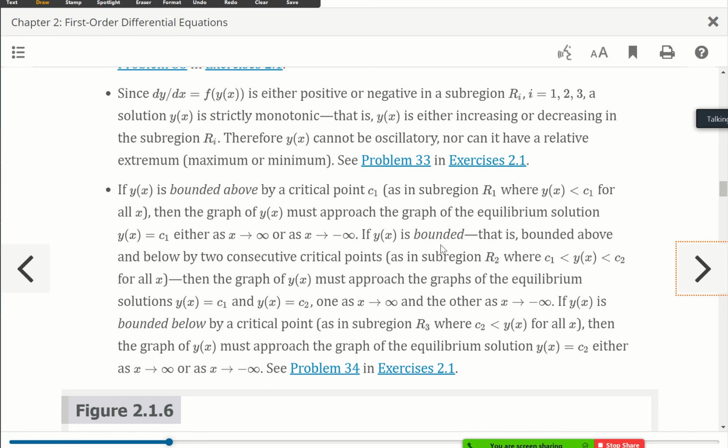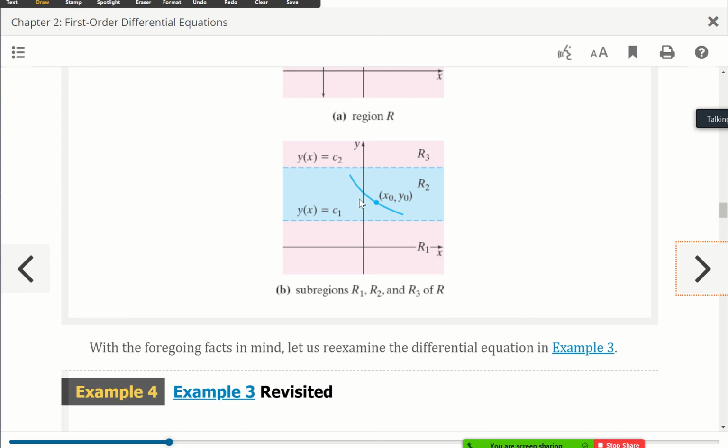If y of x is bounded above and below by two consecutive critical points, so if we're in that region 2, then the graph of y of x must approach the graphs of the equilibrium solutions, one as x approaches positive infinity, and the other as x approaches negative infinity.